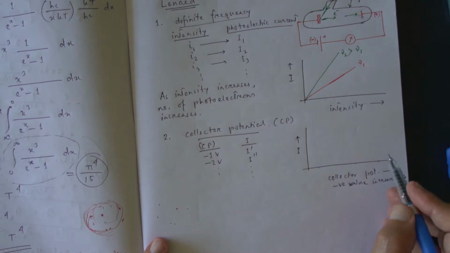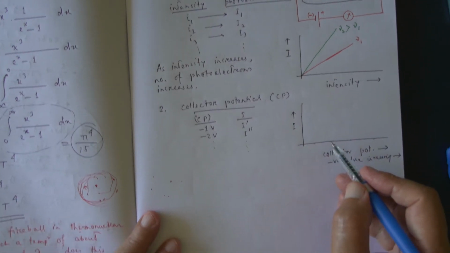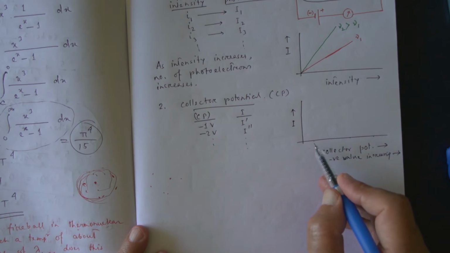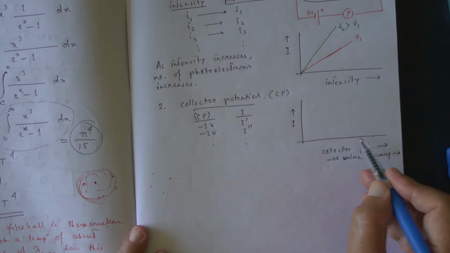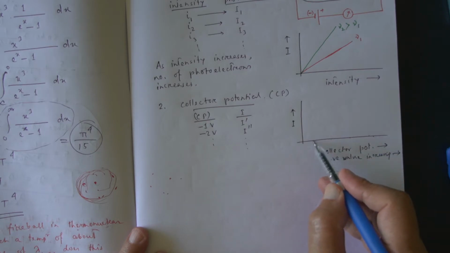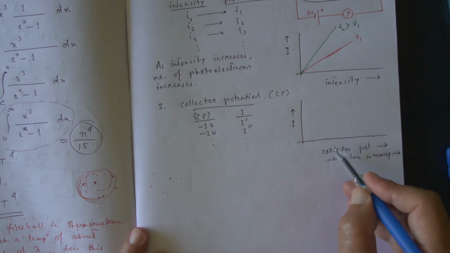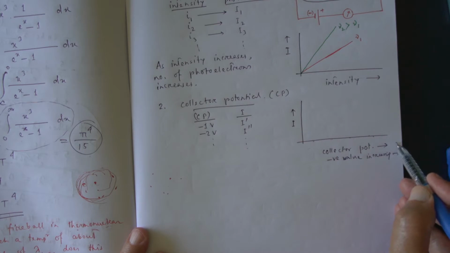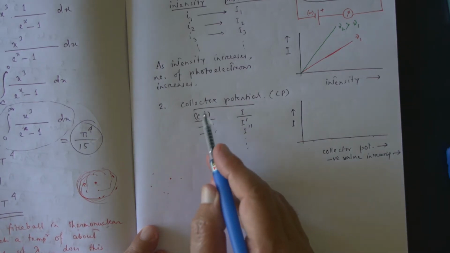Normally how do we draw a graph? This is positive, 1, 2, 3, 4, like this. But here what we are doing, this is -1, -2, -3, negative value increasing. So what did he observe?